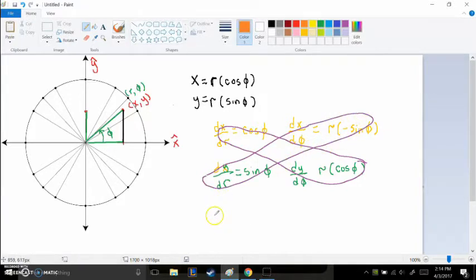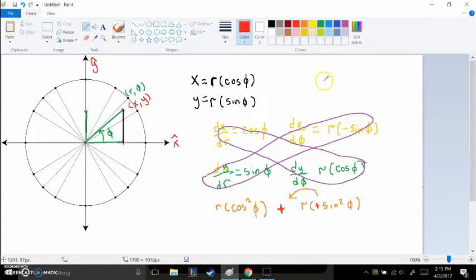So the diagonal down is going to be r cosine squared phi, this one times this one, minus this one times this one, r minus sine squared phi. Okay, bring this guy out. We'll turn this into a plus. Becomes a plus as well.